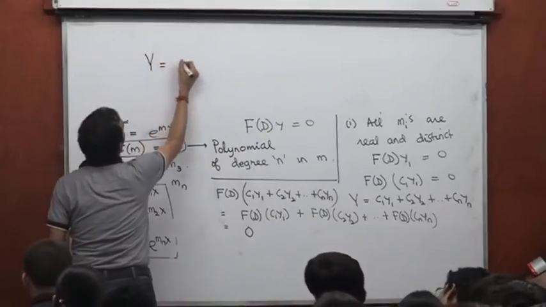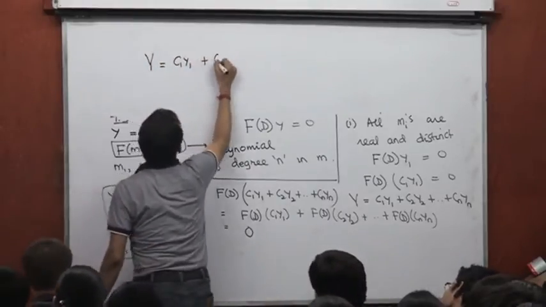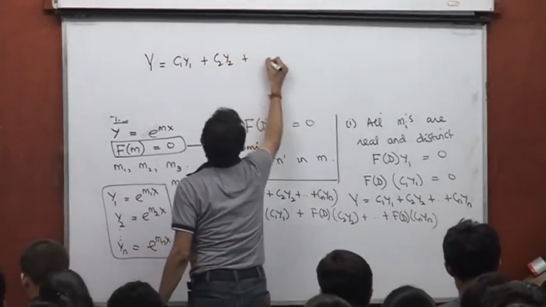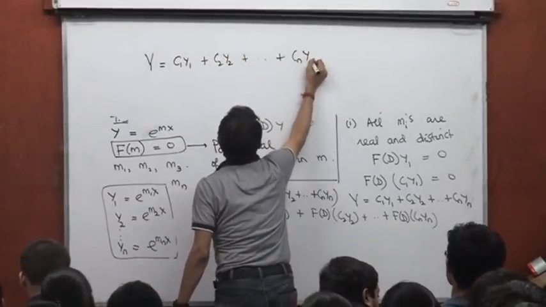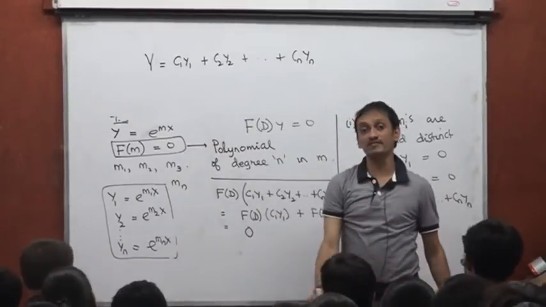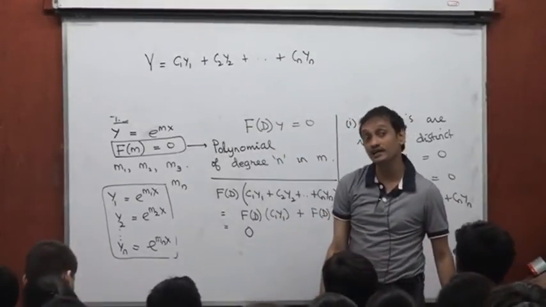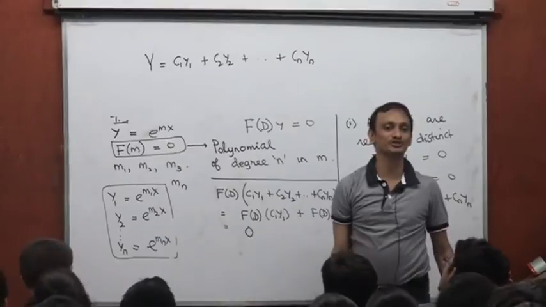Y equal to C1 y1 plus C2 y2 plus Cn yn would then be a general solution. Why?